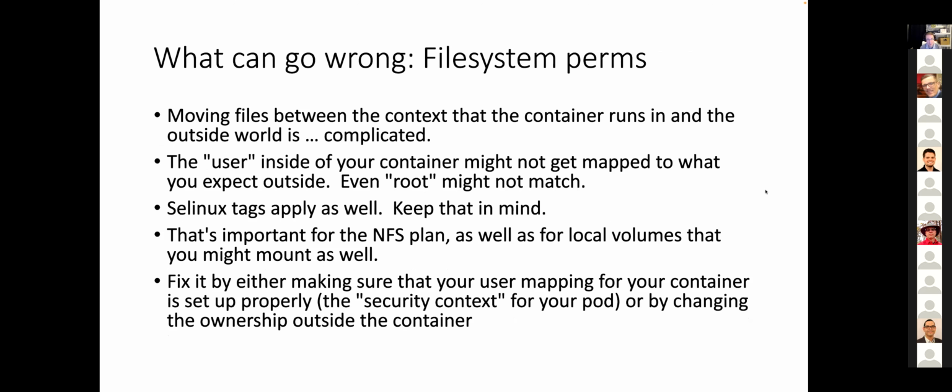If you do that, writing files to an external volume, or even just copying them back and forth, file system permissions get weird. The user that's inside of your container might not be the same user that you think it is on the outside. And so even running something as root inside of your container might not show; the files might not be owned by root outside of the container.